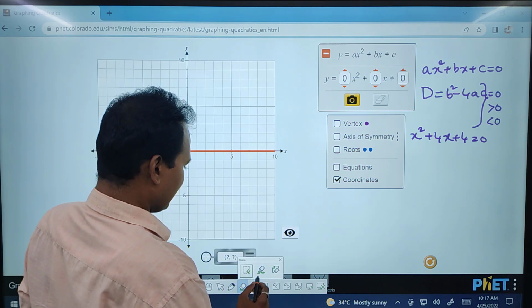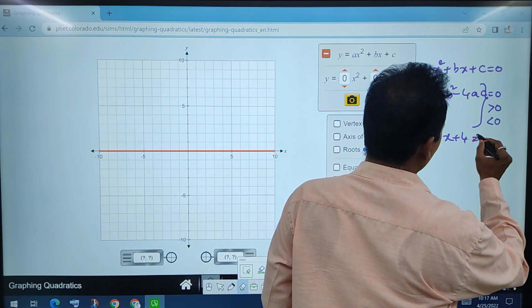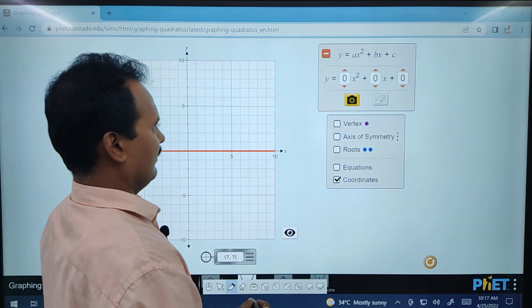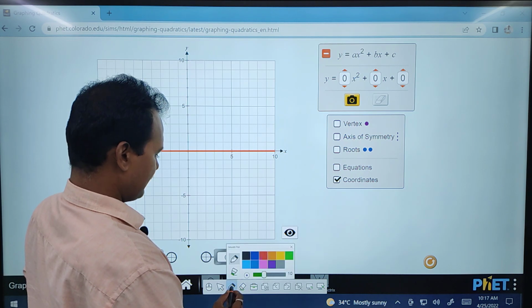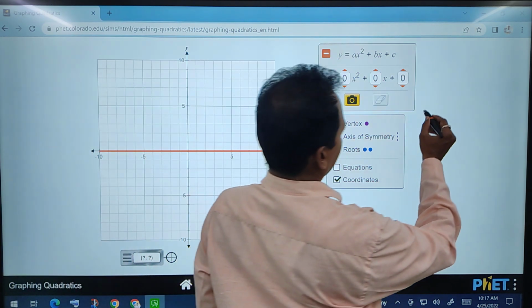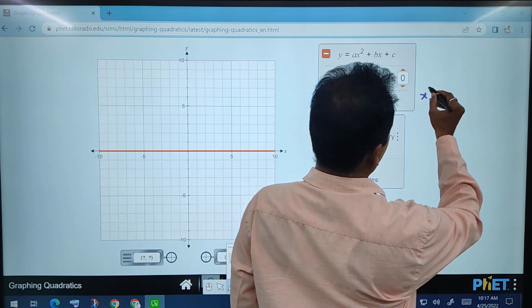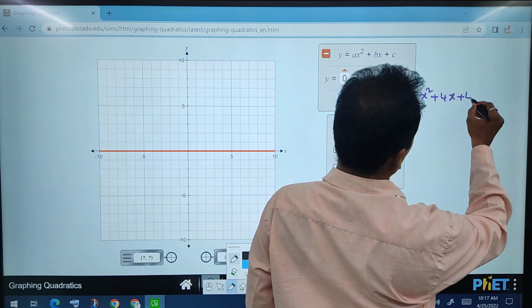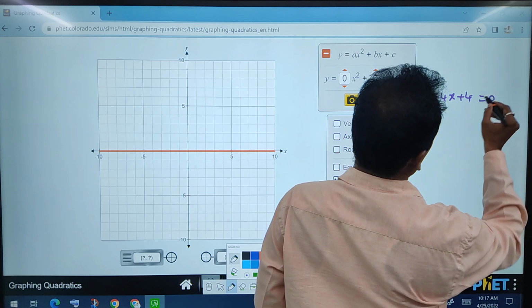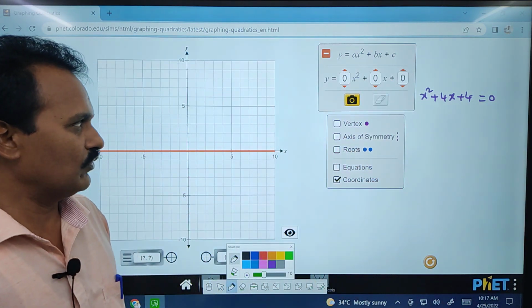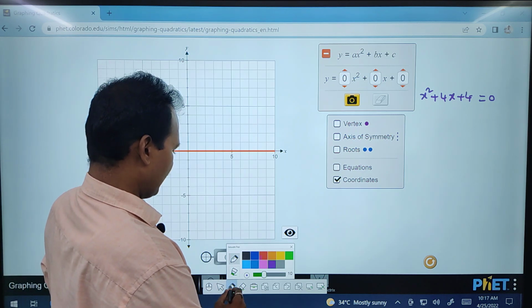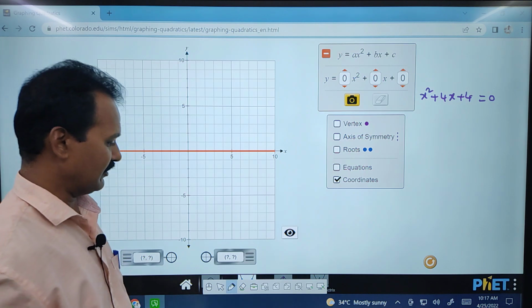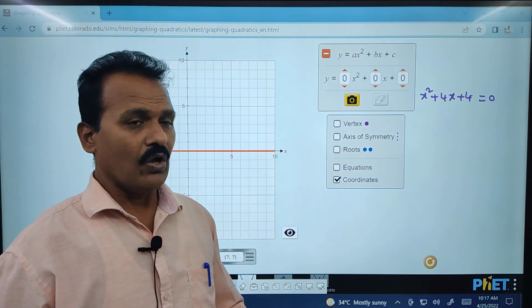Here, the equation is x² + 4x + 4 = 0. How are we going to find the roots for this equation?